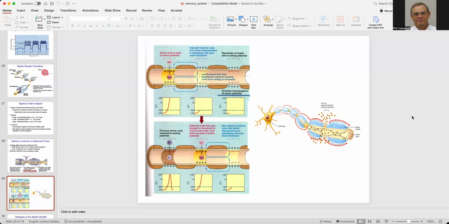Ready? Ready, timer? Begin. Fast as you can without dropping. Stop. Time. 12 seconds. Okay? That's an unmyelinated axon.